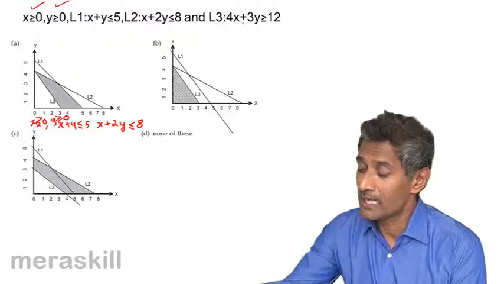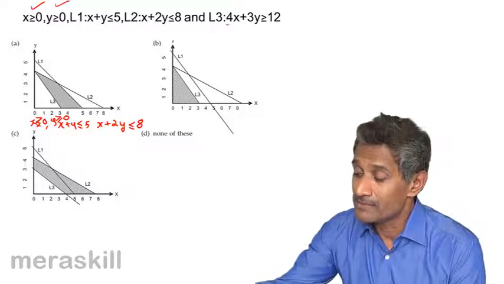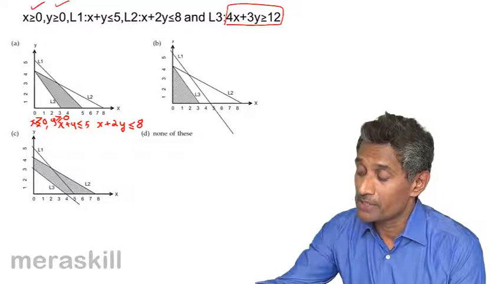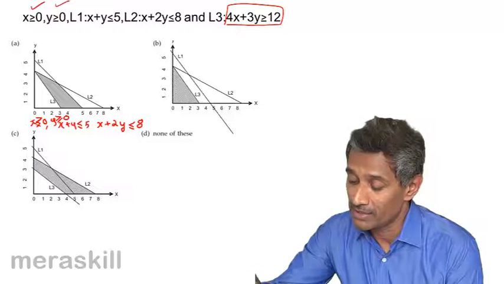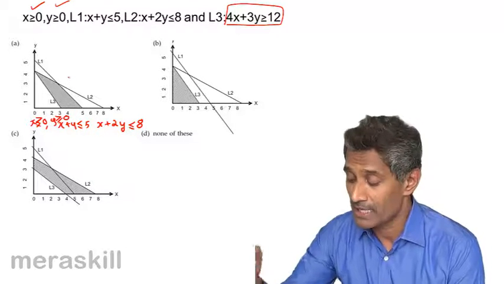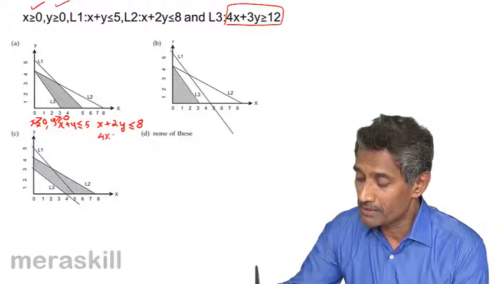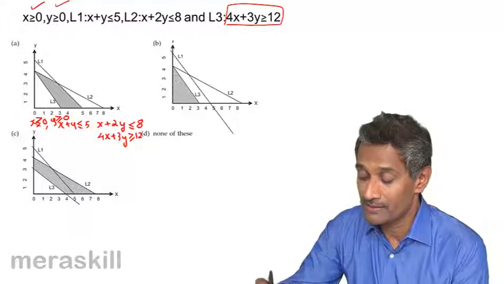And the last line is 4x plus 3y is greater than or equal to 12. That means this particular region that is being mentioned has to be on the non-origin side of that particular line L3. And here we have L3 and this is lying on the non-origin side. So this particular line 4x plus 3y is greater than 12 and this region.